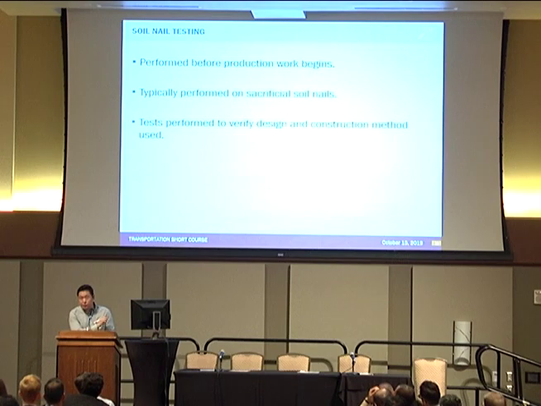The objective of soil nail testing is twofold. You need to verify the soil strength, the bonding strength between the soil nail and the existing soil, and you also need to verify the contractor's ability to install the soil nail without any problem.